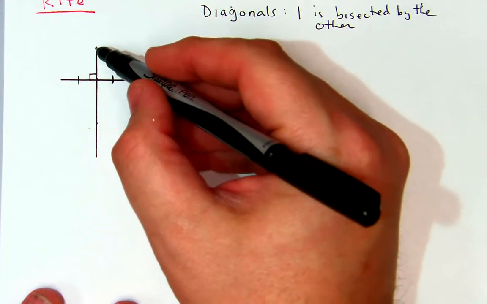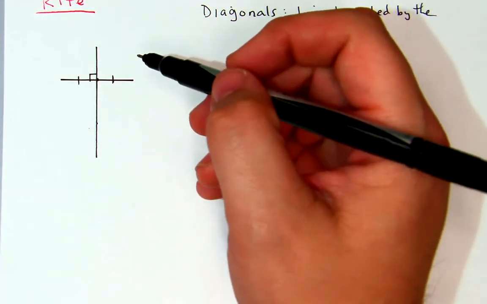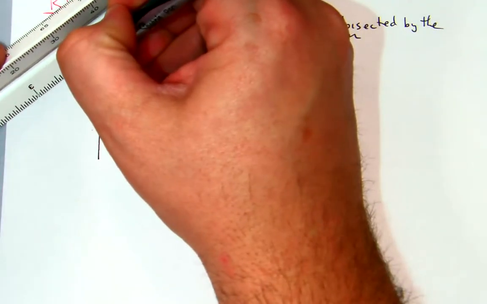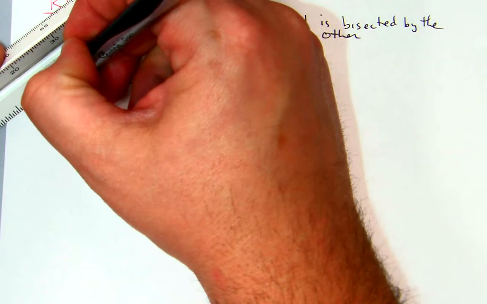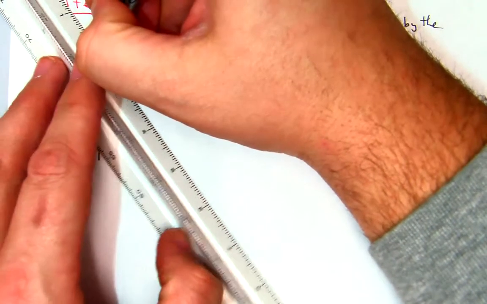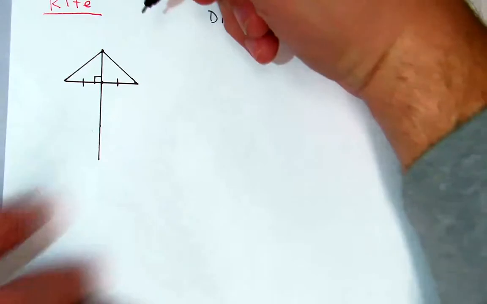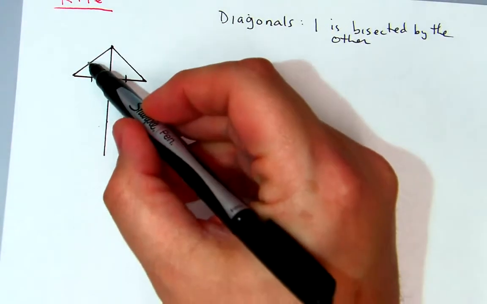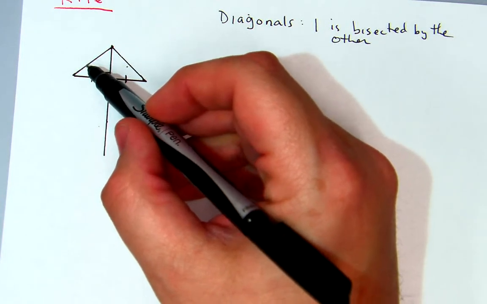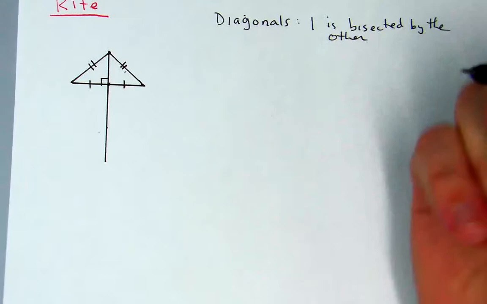If I connected this point to that point, and I'll connect this point to this point, what can I say about these two segments right here? They're congruent to each other.